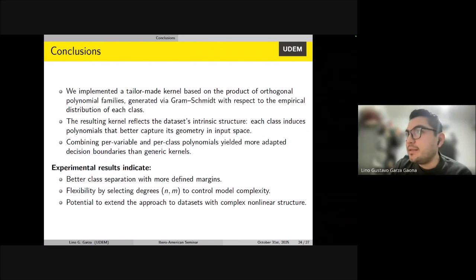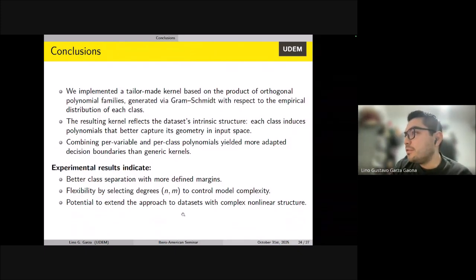We can see that when we construct the polynomial families from the data, it captures the geometry of the space where the points live, and that helps to make it more accurate and it needs fewer support vectors to draw the boundary line.